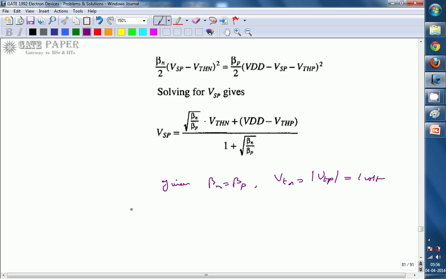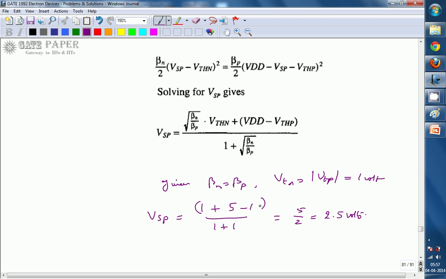Substituting, VSP is equal to square root of beta n by beta p, which is 1, square root of 1 is 1, into VTN, which is 1, plus VDD which is 5 volts, minus VTP magnitude 1, divided by 1 plus square root of beta n by beta p, which is 1. So this is 5 by 2, which is 2.5 volts.